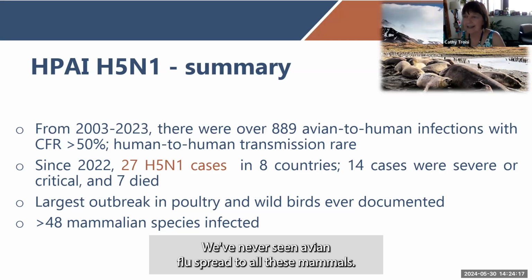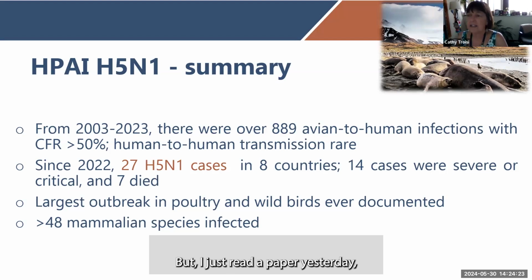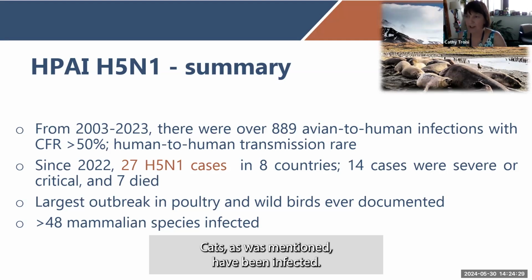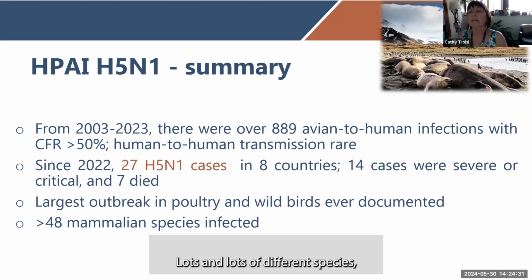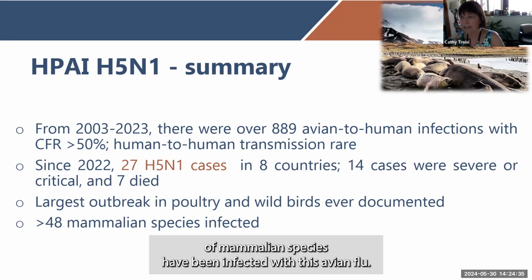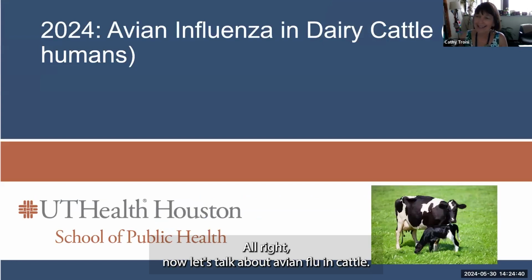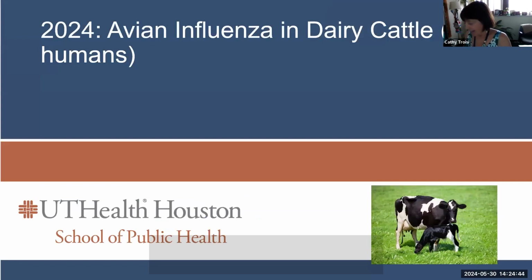We've never seen avian flu spread to all these mammals. Sporadically it's happened, but I just read a paper yesterday: alpacas have been infected, cats, as was mentioned, bears, lots and lots of different mammalian species have been infected with this avian flu. All right, now let's talk about avian flu in cattle.